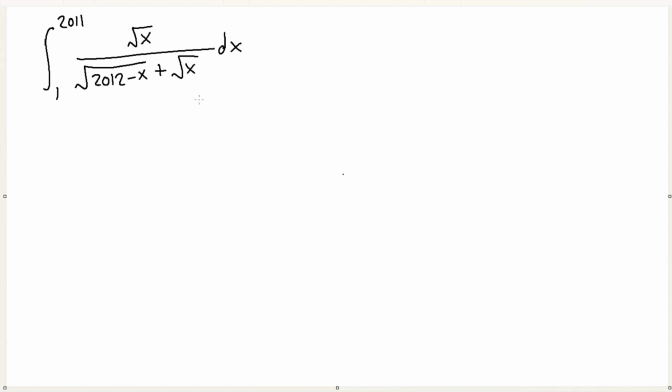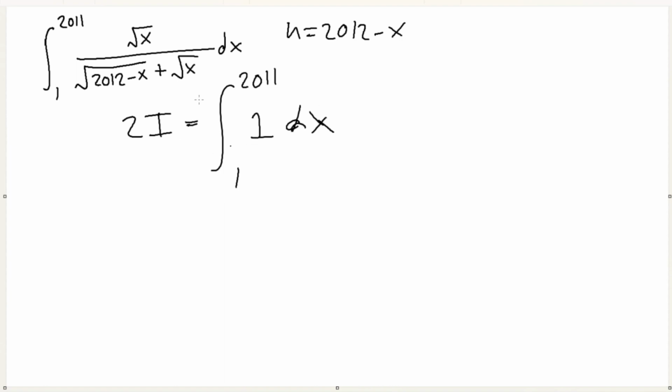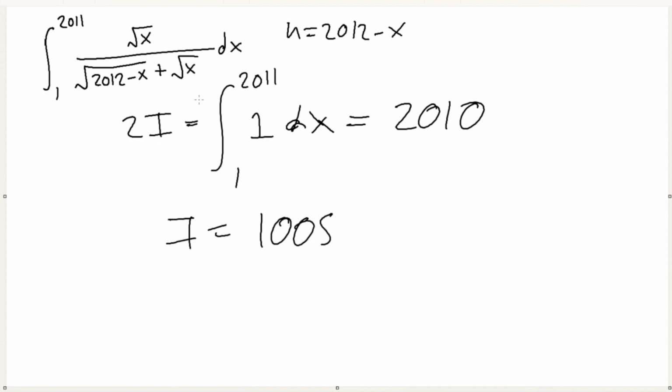So of course we know, okay, well if we do 2I, letting u equal 2012 minus x, it's gonna sort of do a reflection, and this would give us 2I equal to the integral from 1 to 2011. So 2I equals 2010, 2011 minus 1, and now I is equal to 1005.